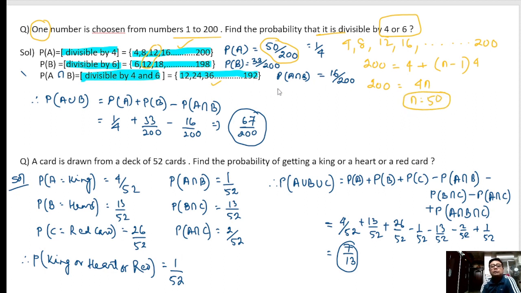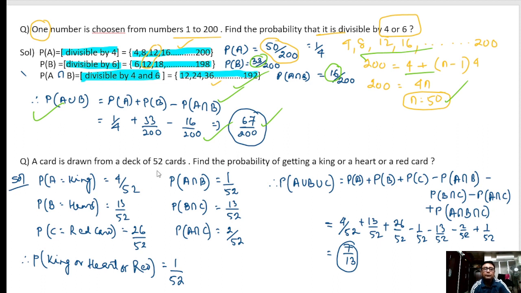Similarly, for the others also you can find how I got this 33, and how I got this 16. This is the way you solve it and find the number. So this is how we get the probabilities. Now A union B will be this, and putting the values we get the answer.